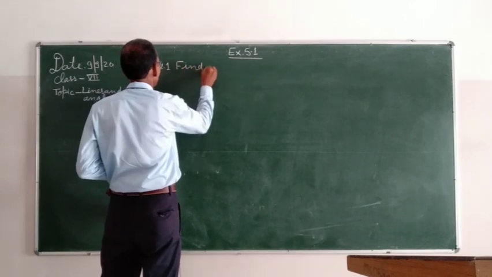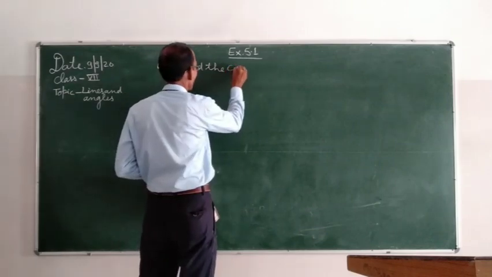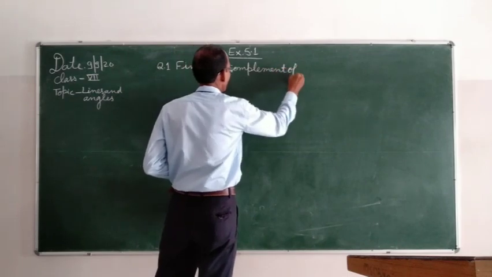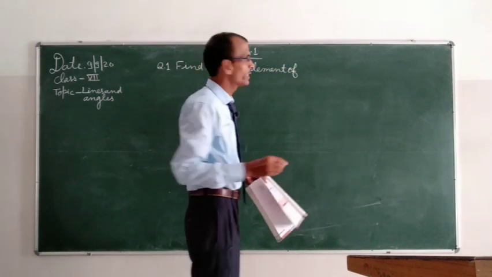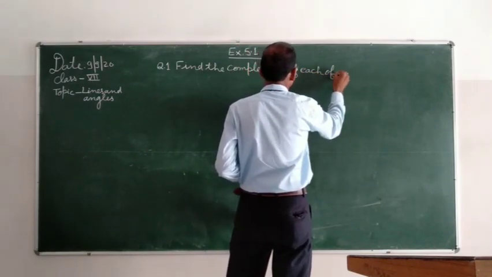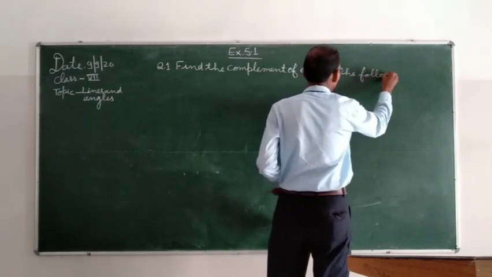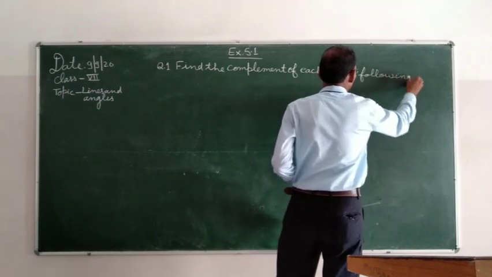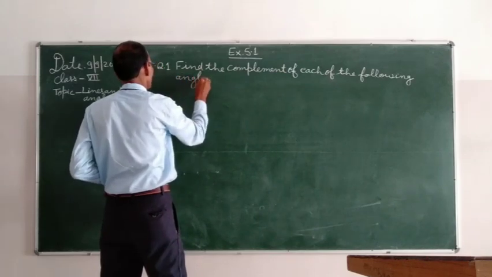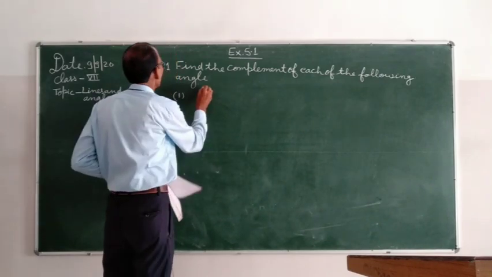Question 1 is, find the complement of each of the following angles. First is an angle of 20 degree.